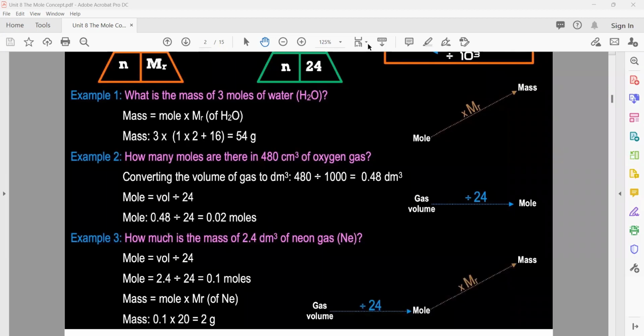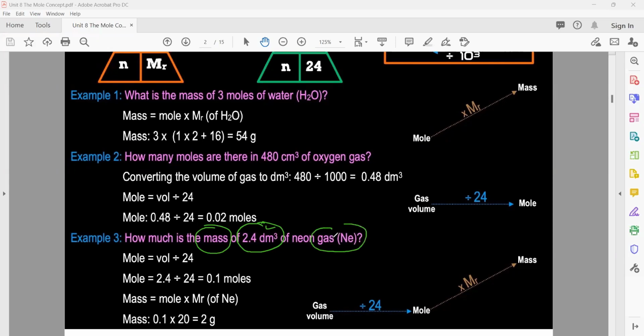Okay. Now another question. They have given volume, and the volume is already in cubic decimeter. But this time what do they need? They need mass. Mass of what? Neon gas.